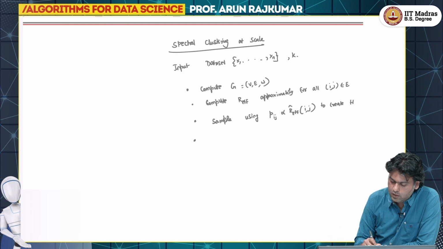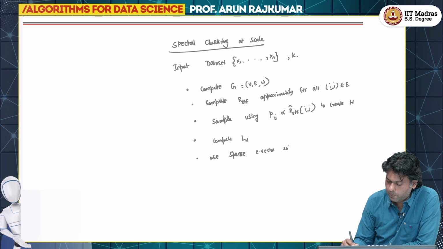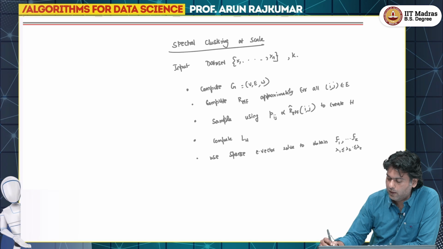H. Now, compute LH, use sparse eigenvector solver to obtain, let us say, f1 till fk corresponding to lambda 1 less than lambda 2 less than or equal to lambda k.